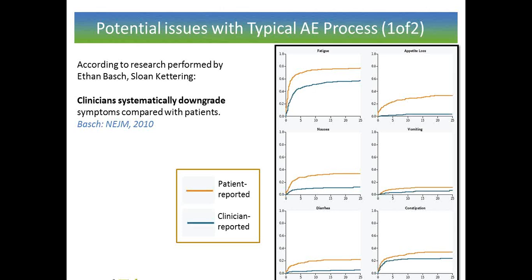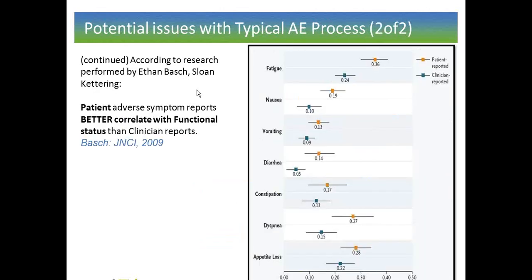Well, the next slide is going to be pretty surprising. We're going to see that the patient's interpretation or description of their symptoms actually correlates better with the functional status. On this chart, again, the orange-yellowish dots are the patient's version and the blue is the clinician.